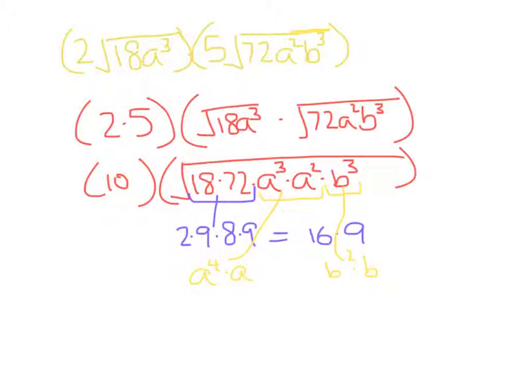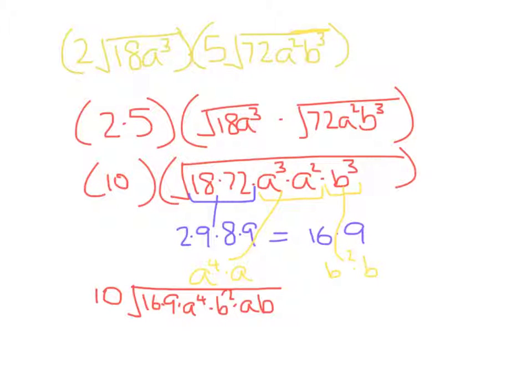And now we can rearrange some things, and we end up with 10 times the square root of 16 times 9 times a to the 4th times b squared times ab. And at this point, we can see that all of these terms here are perfect squares.